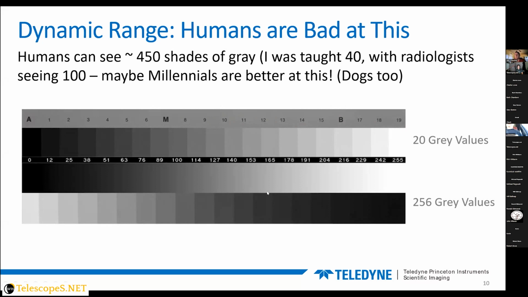So if you want to make a measurement, like let's say you want to know two things are 1% different, unless you can measure 100 shades of gray on the camera, you can't know if it's 1% different. In fact, you probably need to oversample. So you probably need more like 1,000 shades of gray to be confident that you can distinguish a 1% difference. If that makes sense.